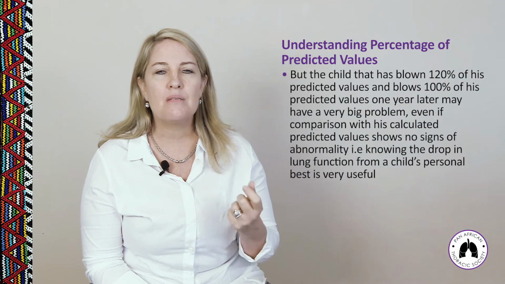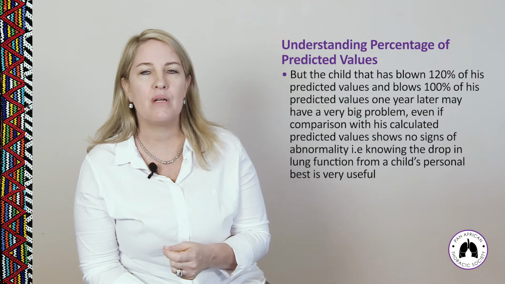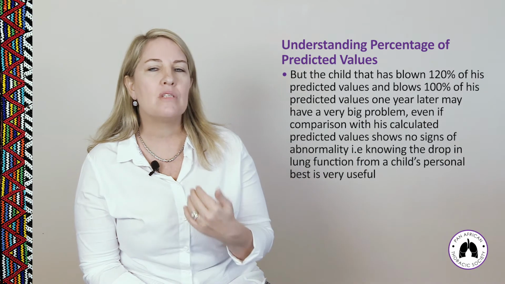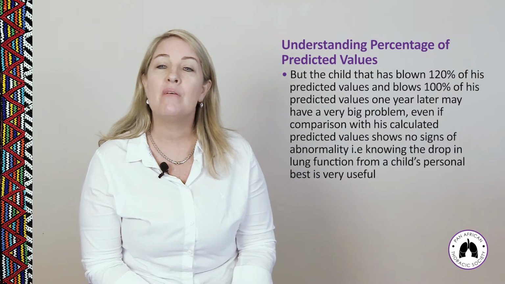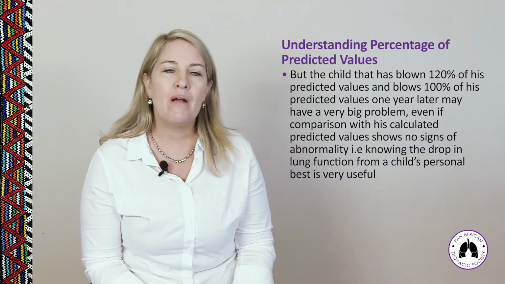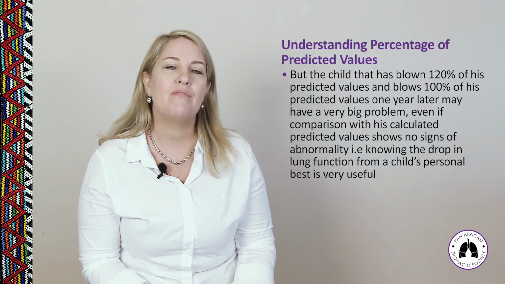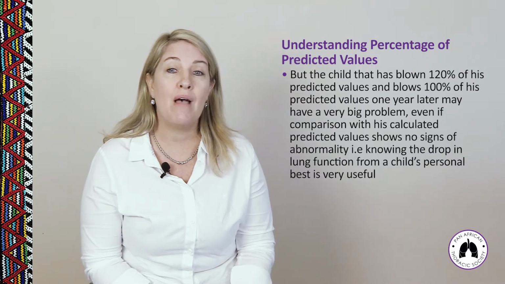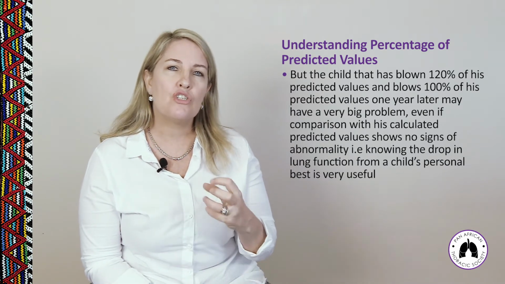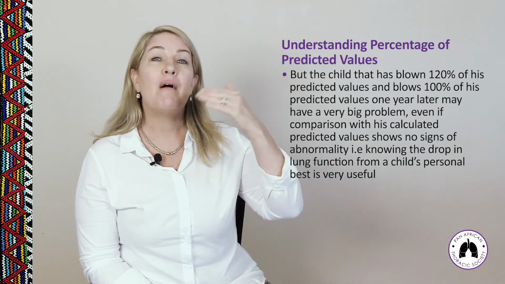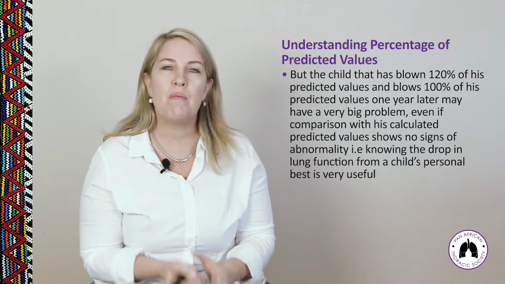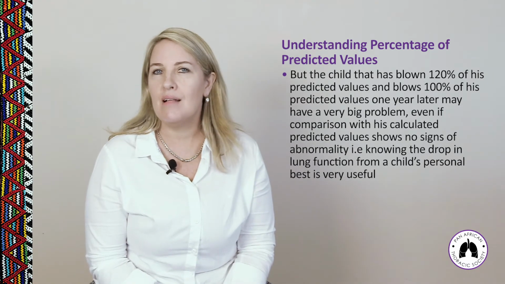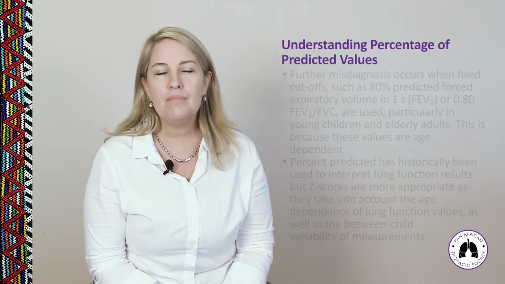But if a child has blown 120% of his predicted values and then blows 100% of his predicted values 1 year later, he may have a very big problem, even if comparison with his calculated predicted values shows no sign of abnormality. So even though this child's values are still above normal, if he has lost a lot of lung function in a very short space of time, you might find that there's something going on there.